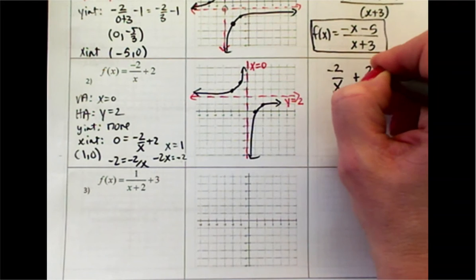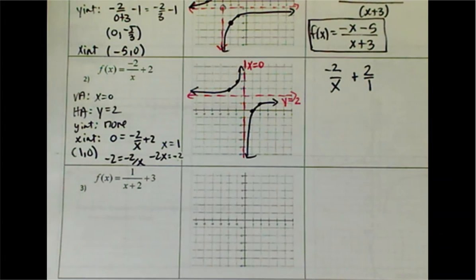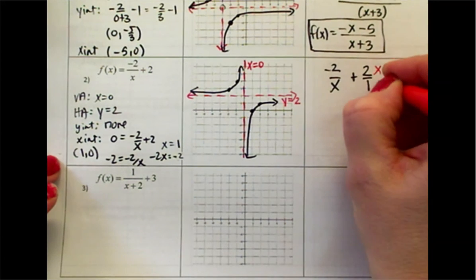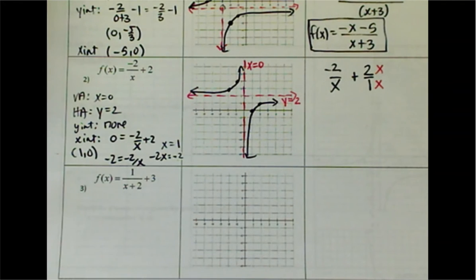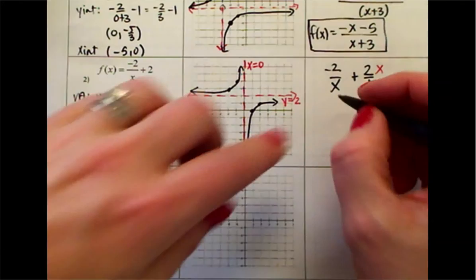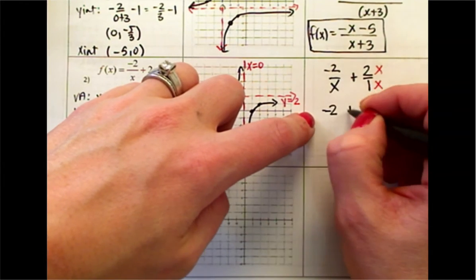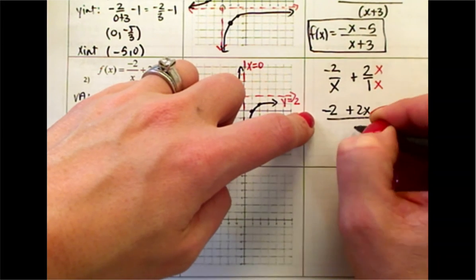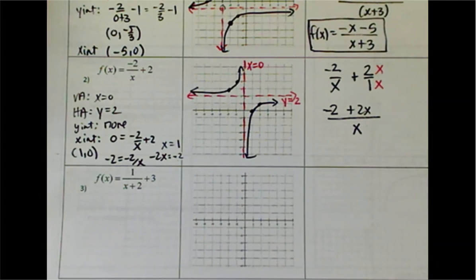Guys, bring it back. Okay. Here you go. You're adding them up. Number 1. Common denominator. Negative 2 plus 2x over the common denominator, but standard form means put your degrees in order.